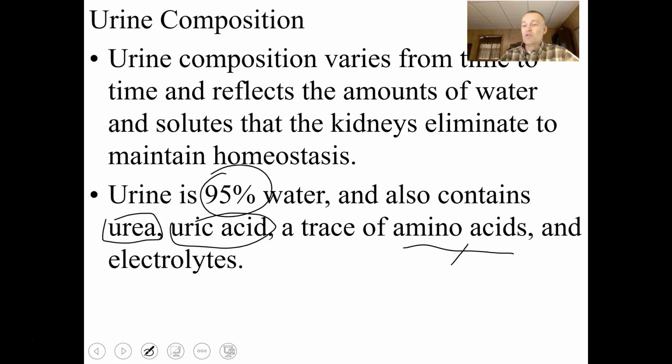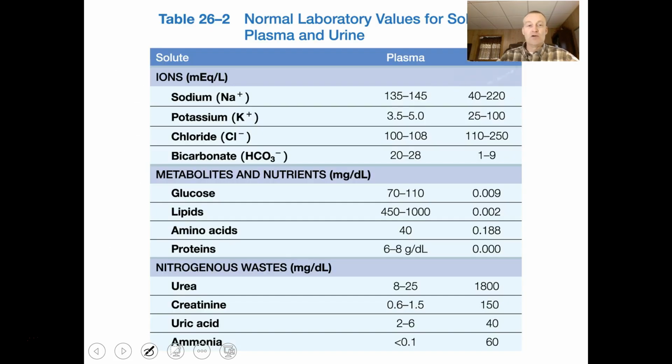There will be drugs in it. Any type of drug will be in it: antibiotics, medications, all different kinds of medications. Human chorionic gonadotropin if you're pregnant. Electrolytes. All of these things will be found in urine, but the main bulk of it is going to be water.